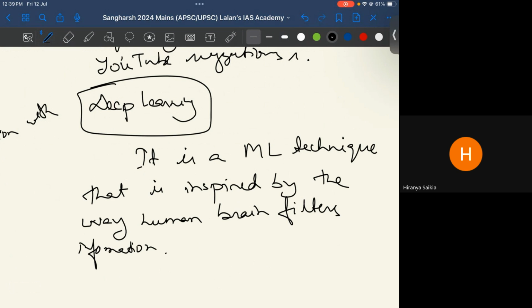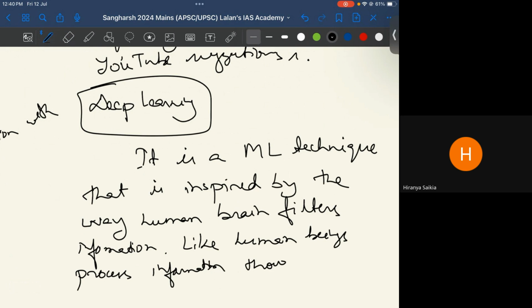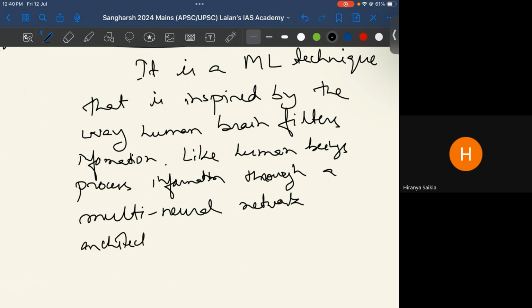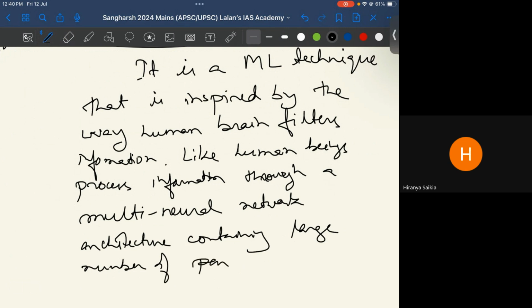So like human beings process information, it uses a multi-neural network architecture containing a large number of parameters and layers.